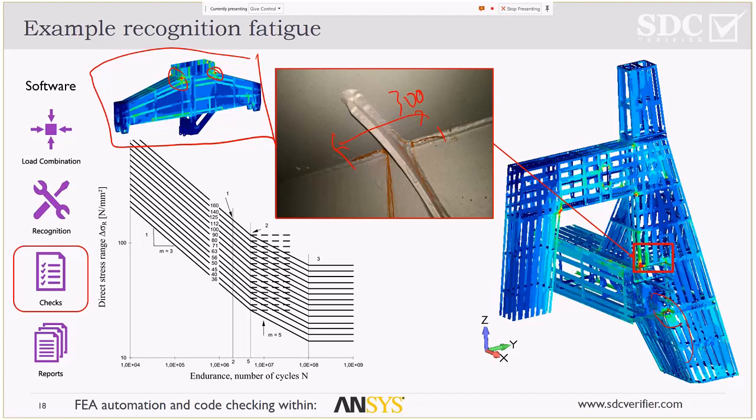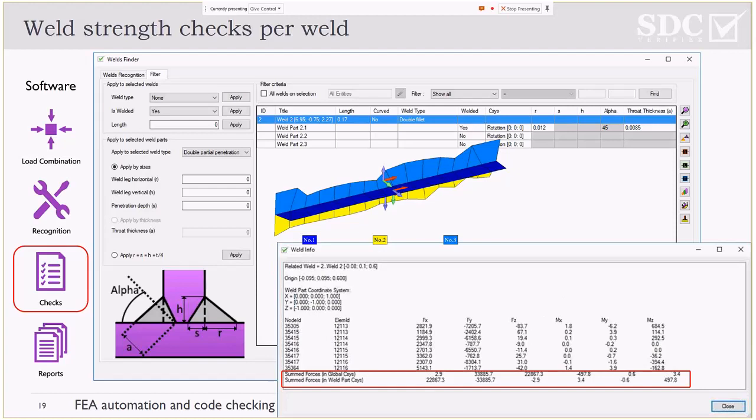The next thing with welds is, since we recognize all these welds, we can now calculate the requirements for a weld. If you do a hand-based weld calculation, it is allowed to calculate the full weld capacity and compare it to the total load on the weld.